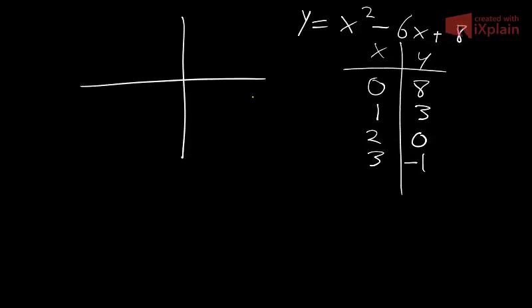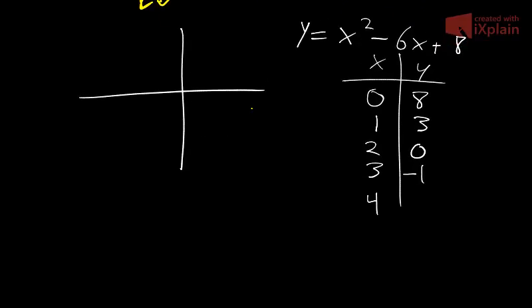If I plug in a 4, I get 16, minus 24 is negative 8, plus 8 is 0 again. And if I plug in a 5, I'll get x squared is 25, minus 30 is negative 5, plus 8 is 3. And if I plug in 6, I'm going to get 8 again.